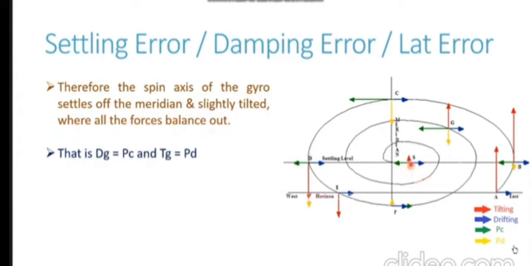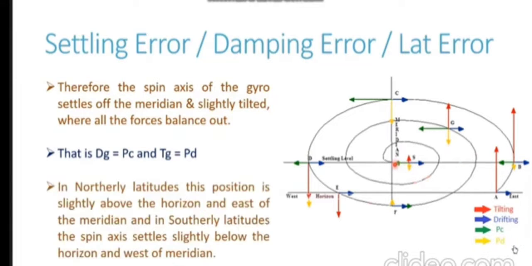Now I need to generate westerly precession to counteract the drifting. Westerly precession is generated when the spin axis is tilted upwards, when there is an upward tilt. Now upward tilt is generated when the tilting motion is upward.